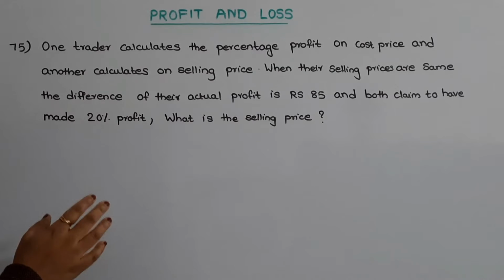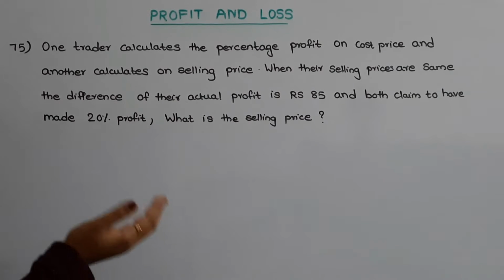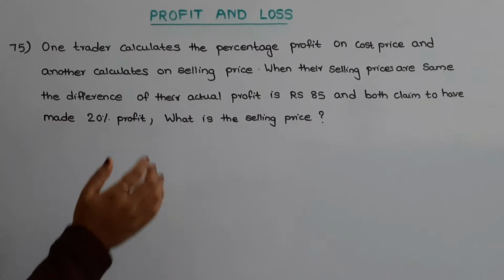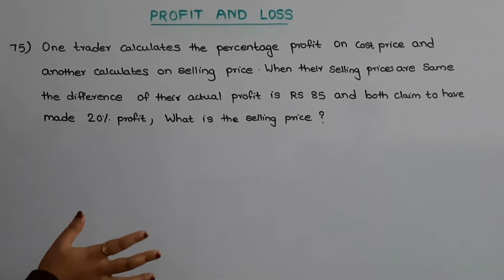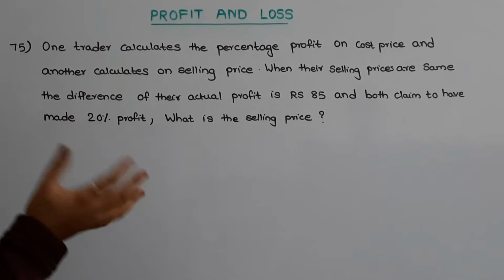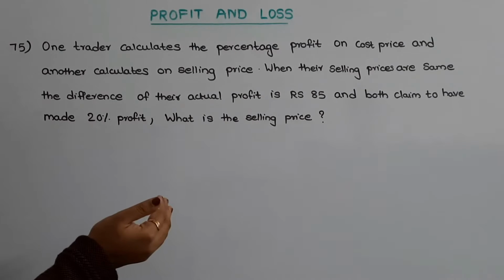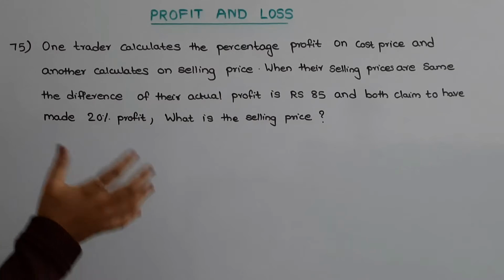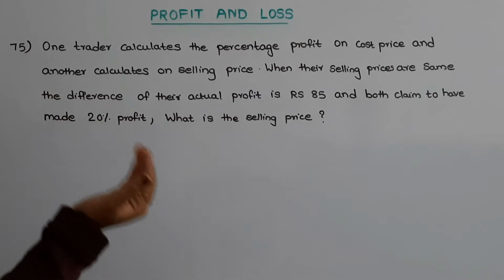Usually we calculate the profit percentage or loss percentage with respect to cost price. In all questions which we have done until now, we have calculated the profit percentage and loss percentage with respect to cost price, so we considered the cost price as 100.